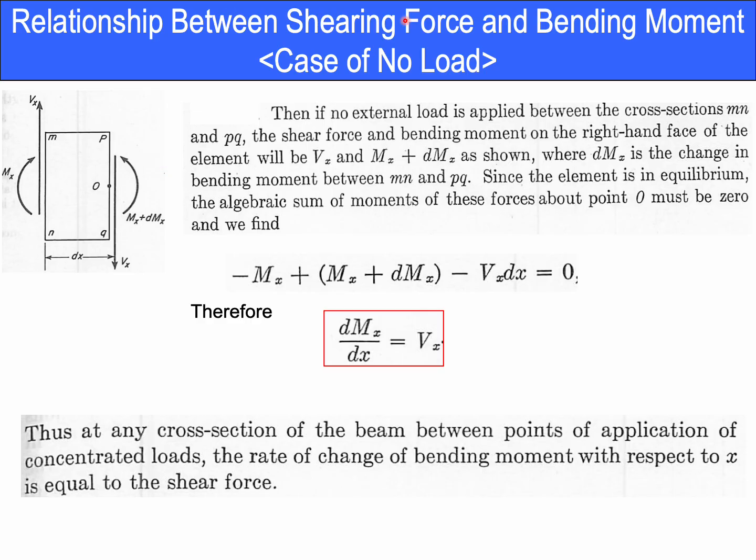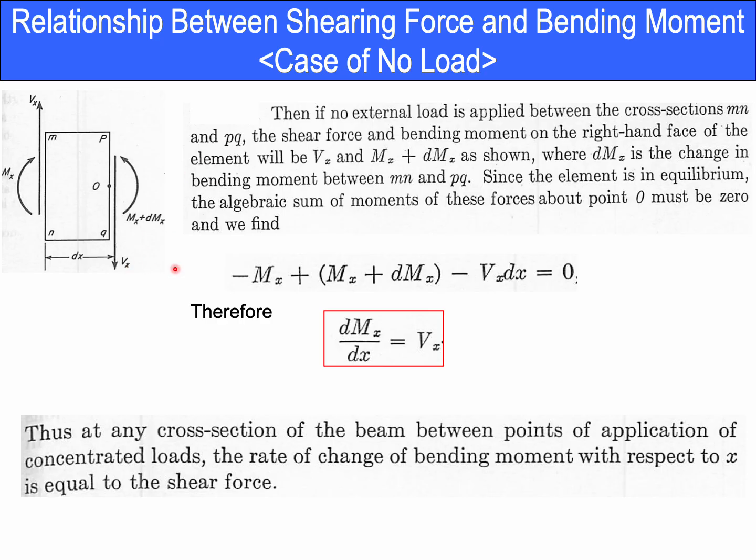Let us assume that both the shear force Vx and the bending moment Mx on the cross-section Mn are positive as shown in the figure. The cross-section PQ is away at a distance dx from the cross-section Mn.